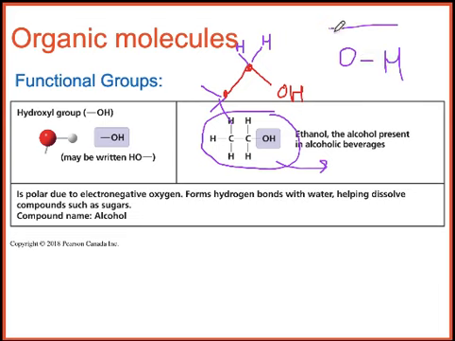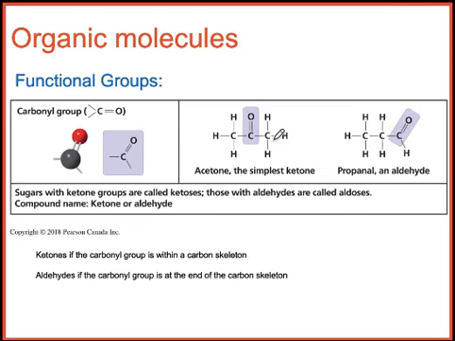The O is pulling the electrons from the hydrogen, right? So it's polar due to electronegative oxygen and forms hydrogen bonds with water. So if you have this ethanol, this OH will form some bonds with water, right? Helping dissolve compounds such as sugars, right? The compound's name is called alcohols. You have different alcohols, propanol, any OL is an alcohol.